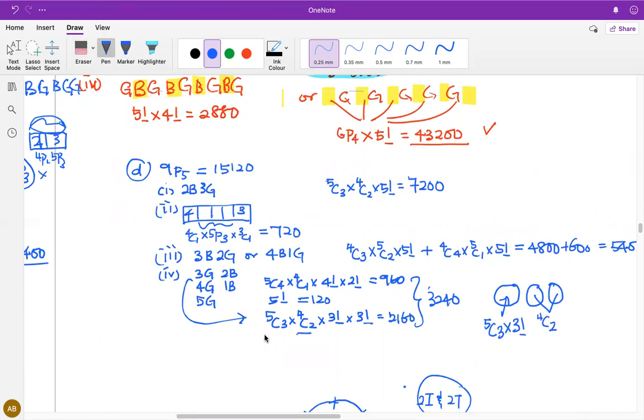That is 4C2. This one 5C3 is here. And then the 3 here we have to arrange the 3 again, right? So boy, boy, girl, girl, boy, boy, girls, boy, boy, or girl, boy, girls, boy, or boys, boy, girl, right? Boy, boy, girls. Okay, so you have 2160.